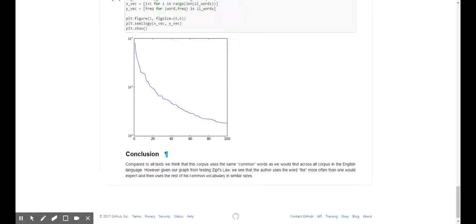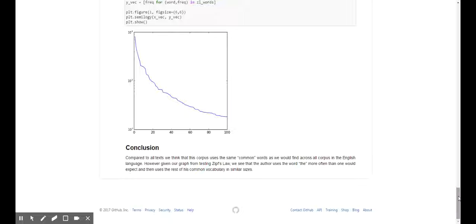But when we graph Zipf's law, we see that the author uses one specific word, in this case "the," more often than any other word. It could be some other word in a different corpus text, but in this case, the word that occurs most frequently is "the."